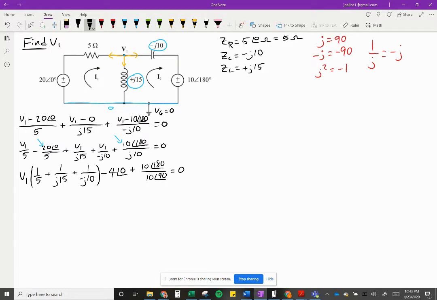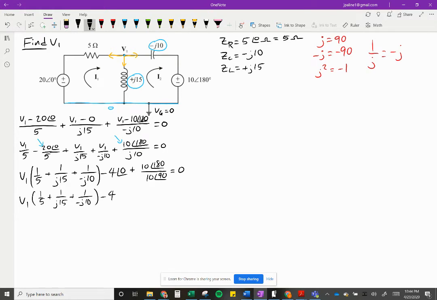All right. So we'll combine that out real quick. V1 times 1/5, plus 1 over J15, plus 1 over negative J10, equals negative 4.